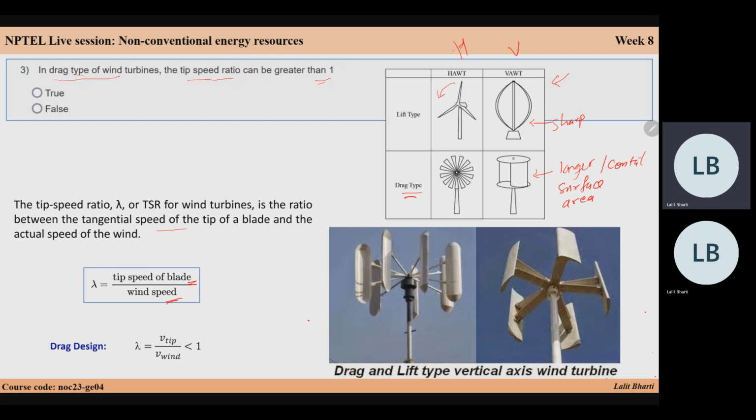This factor tells us how fast a turbine can rotate. If it is higher, the turbine can rotate much faster; if it is lower, it will rotate at lower speeds compared to the wind speed. For the drag design, this value of lambda is less than 1, meaning the tip speed is less than the wind speed.